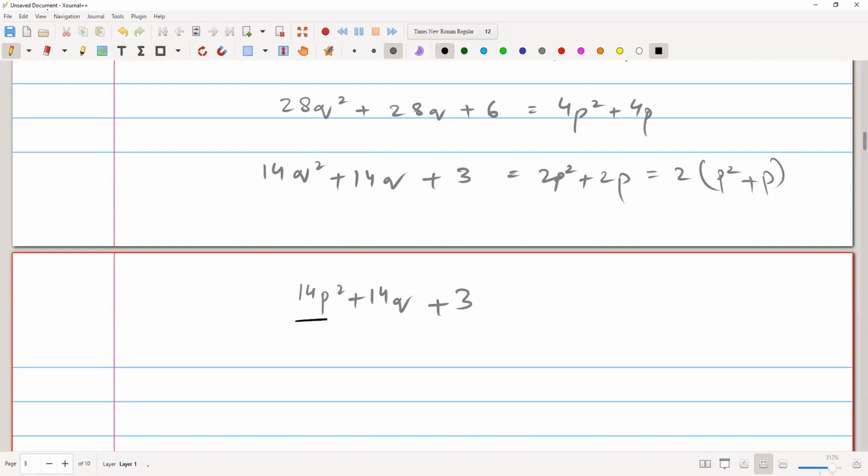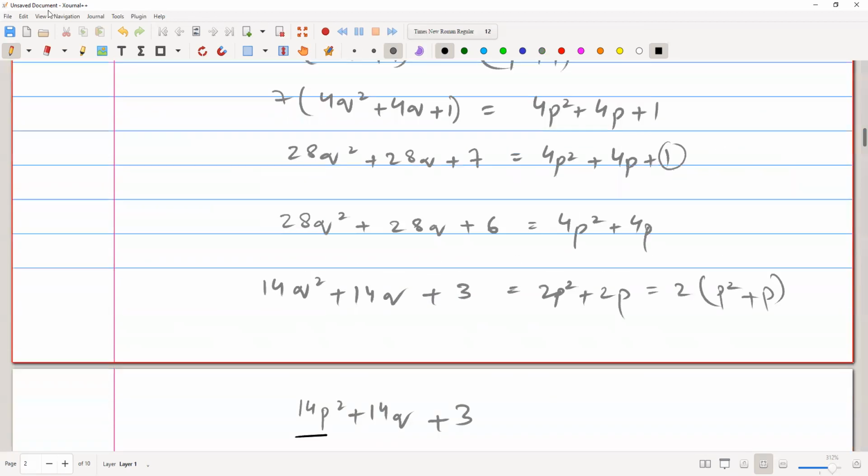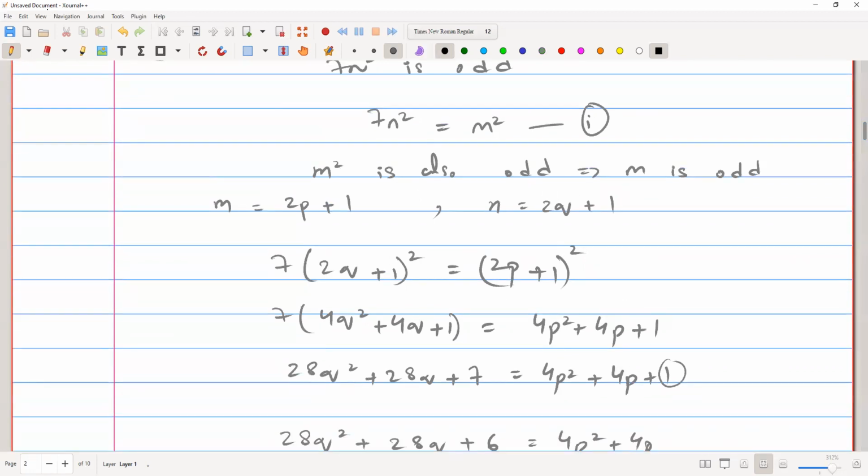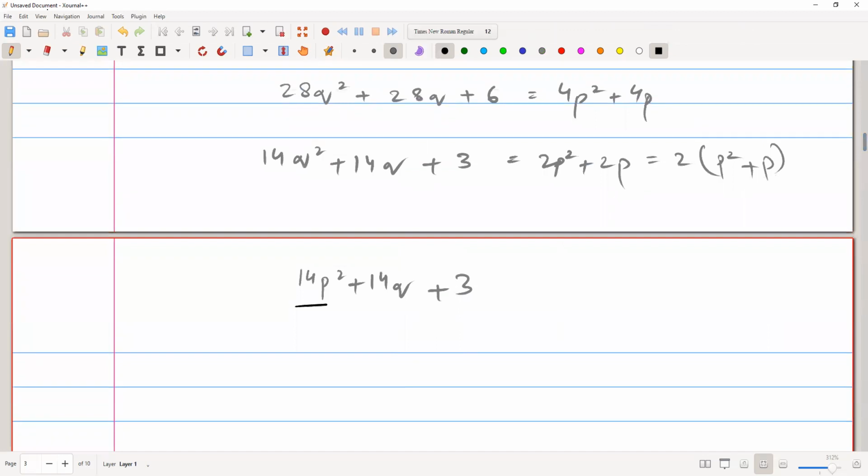We did not assume anything about p or q being odd here. Suppose q is odd, let's say 3 or 5, if we multiply its square by 14, we are going to get an even number, right?